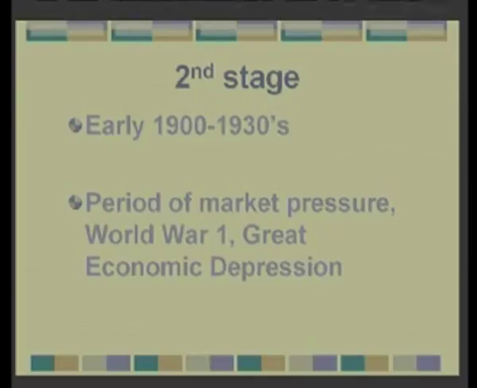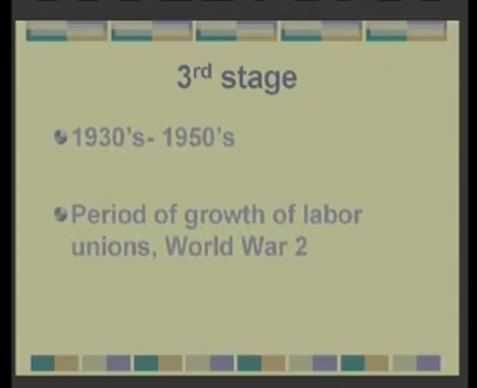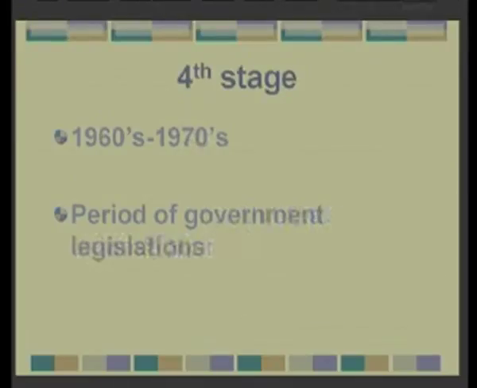Then the early 1900s to 1930 was a period of market pressures, World War I, and the great economic depression. Then 1930 to 1950 we have a period of growth of labor unions and World War II. The 1960s and 1970s were the period of government legislations.